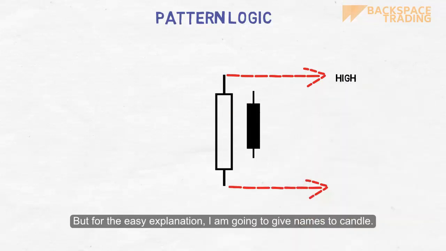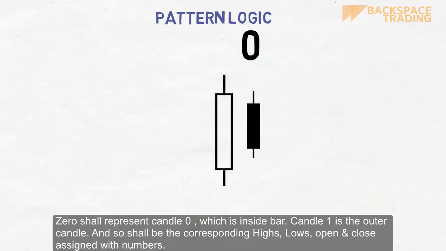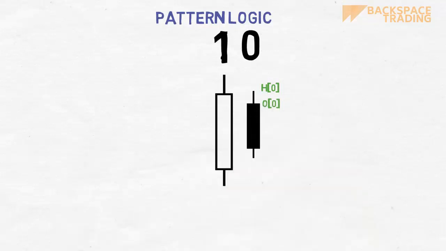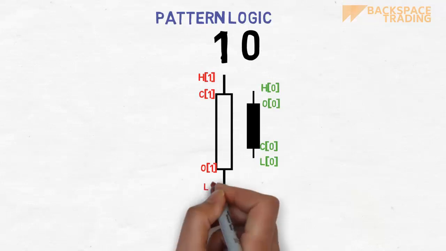But for easy explanation, I'm going to give the candles some names. Let 0 represent candle 0, which is the inside bar, and candle 1 be the outer candle, and so shall be the corresponding highs: high of 0, open of 0, close of 0, low of 0. Similarly, high of 1, close of 1, open of 1 and low of 1.